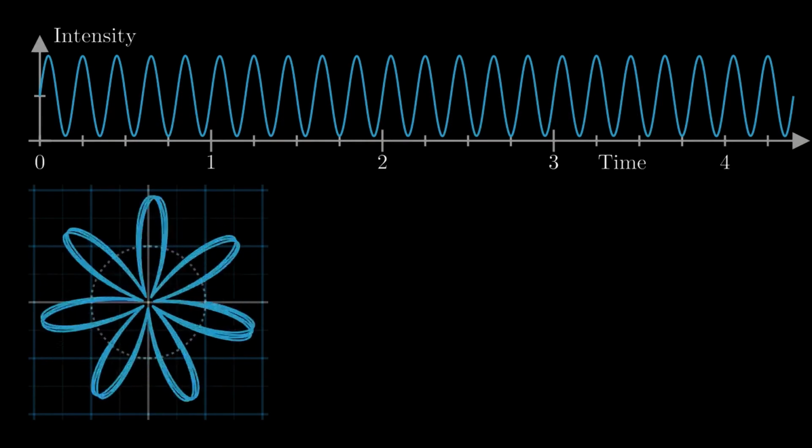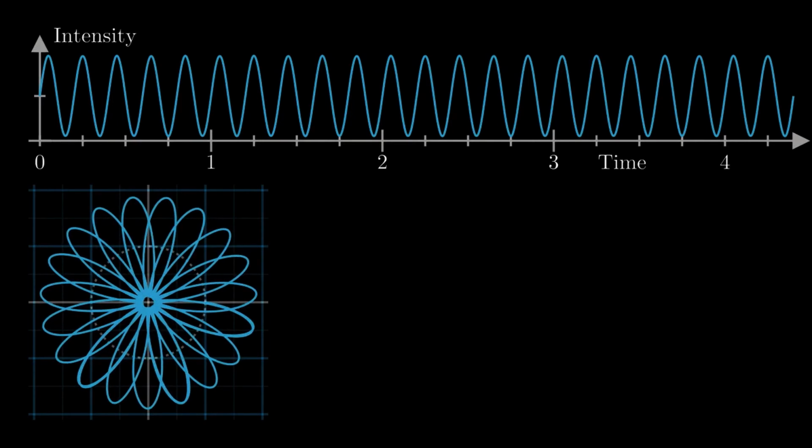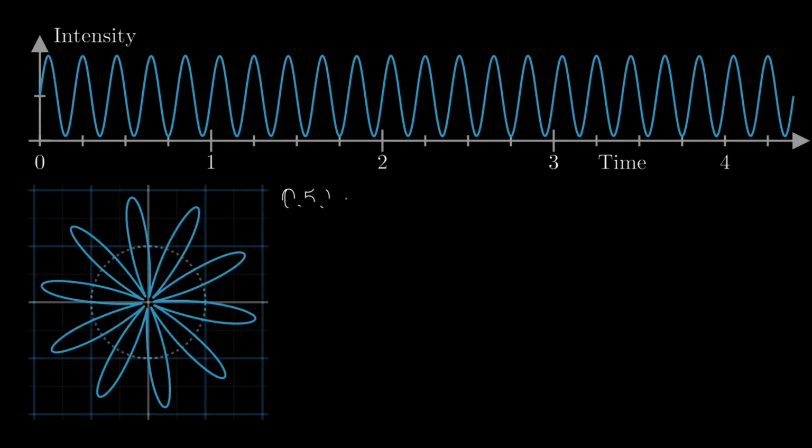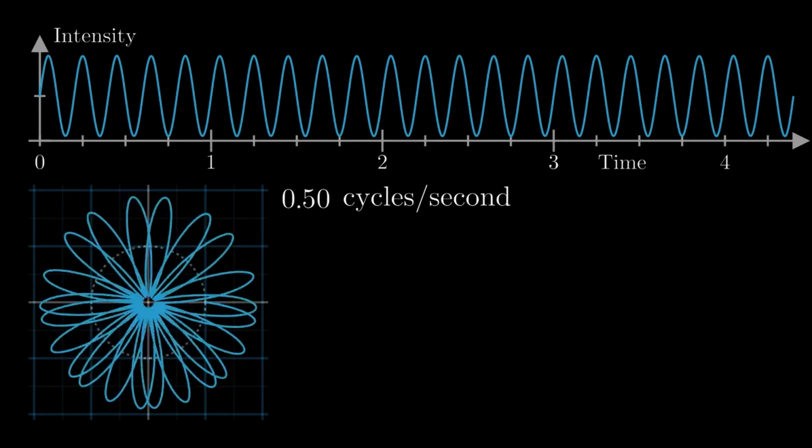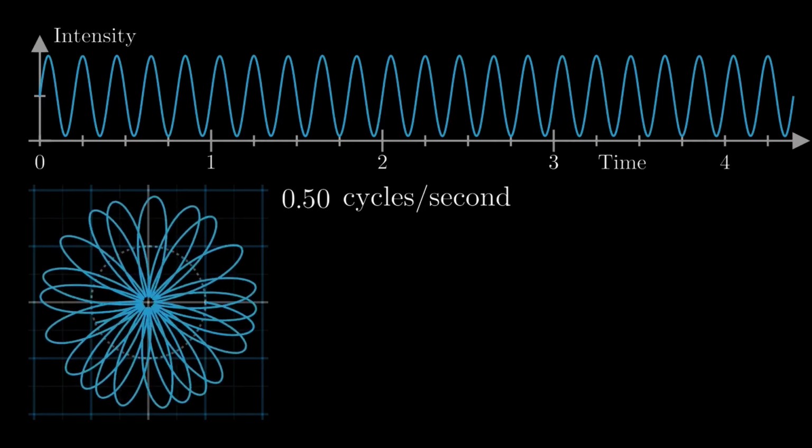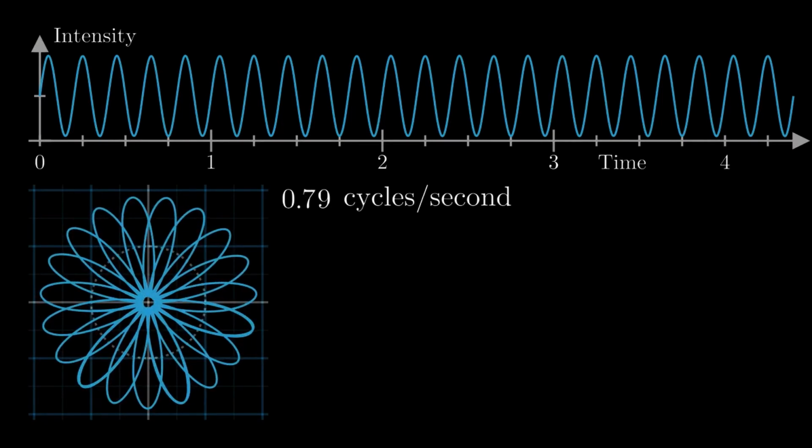It's important to notice that the velocity of our vector wrapping the graph around the circle is different from the frequency of the signal, so to say the 5 beats per second. To come up with this other pattern, we only change the wrapping velocity from 0.5 cycles per second to 0.79 cycles per second. Looks cool, right?